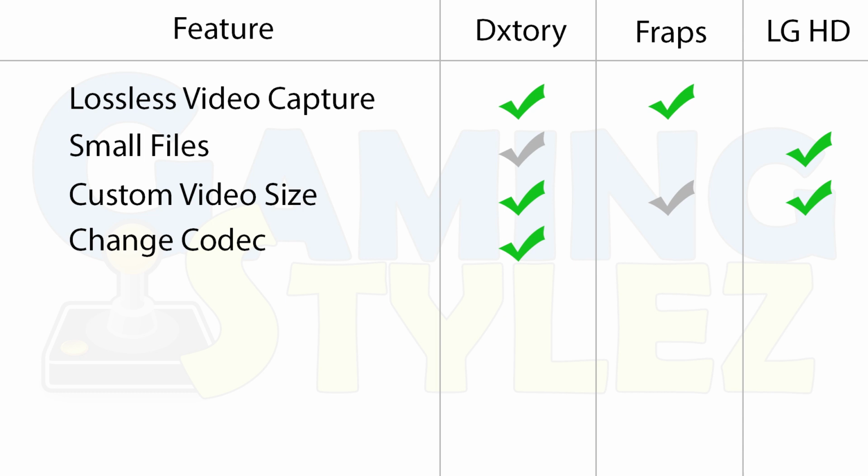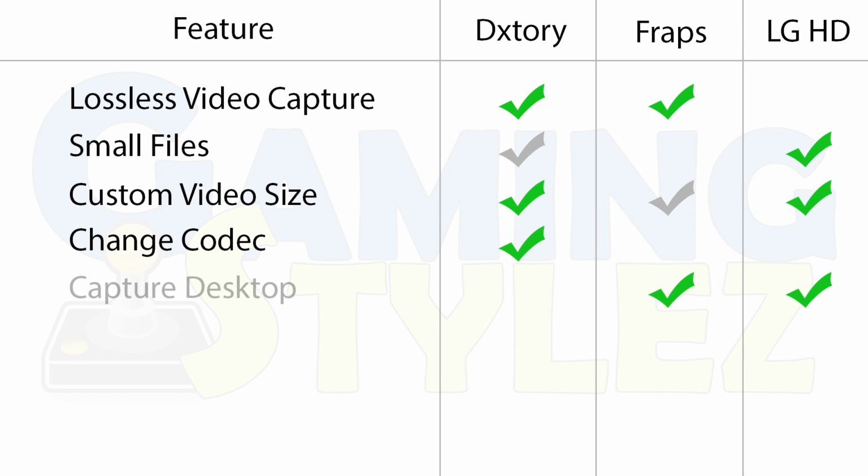This also allows you to change your encoding settings, so you can change everything from your bit rate to which codec you use to the bit rate of your audio or your audio codec. So if you want to record it as AAC or MP3, you can do all that stuff with Dxtory.